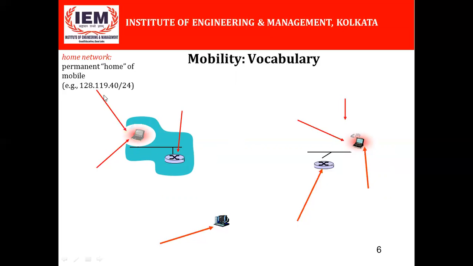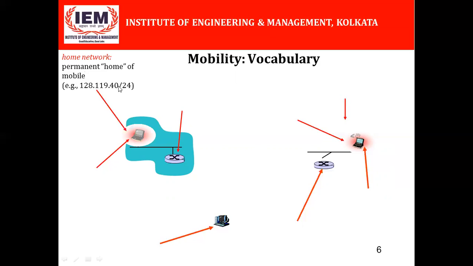What I have written is the first 3 bytes of the IP address. There are 4 bytes, but I have written only the first 3 bytes, and based on that, you are getting 24 masking bits. Okay, this is the permanent home address.